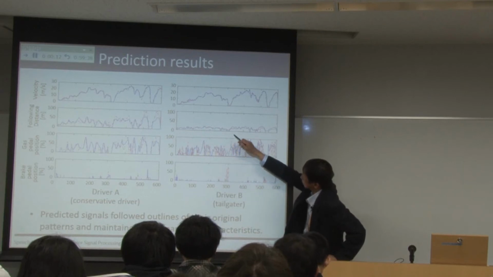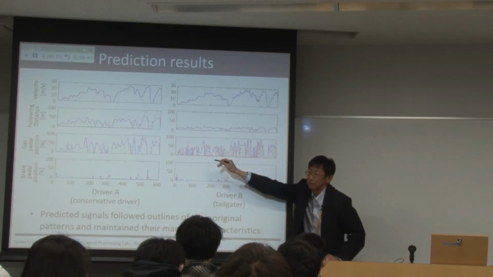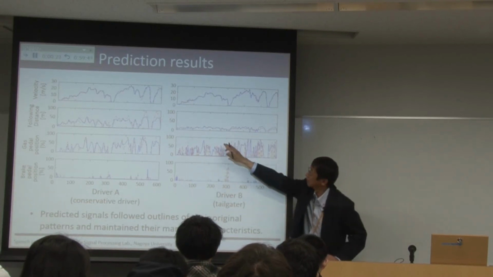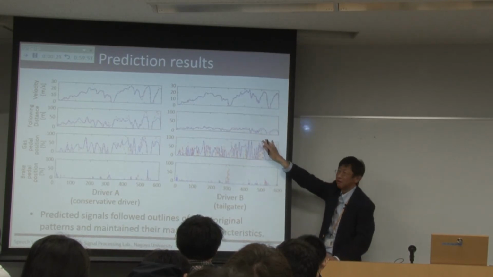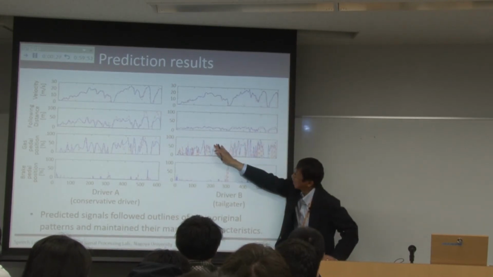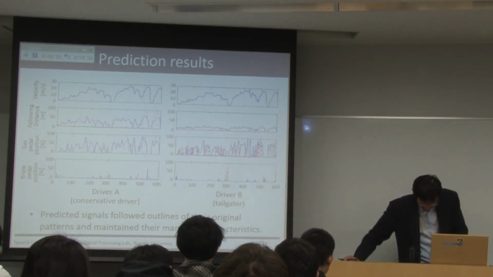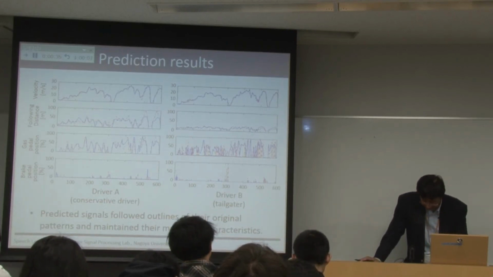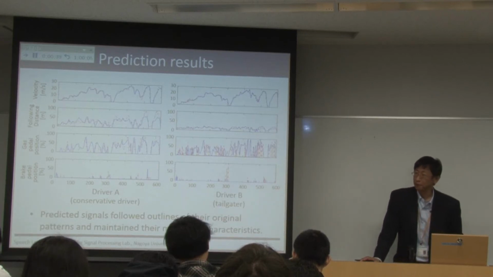The red dotted line is the original one, and you can see that it's a very good prediction, right? At least the intervehicular distance is accurately predicted by our method, and the difference between the two drivers is clearly shown in this figure.